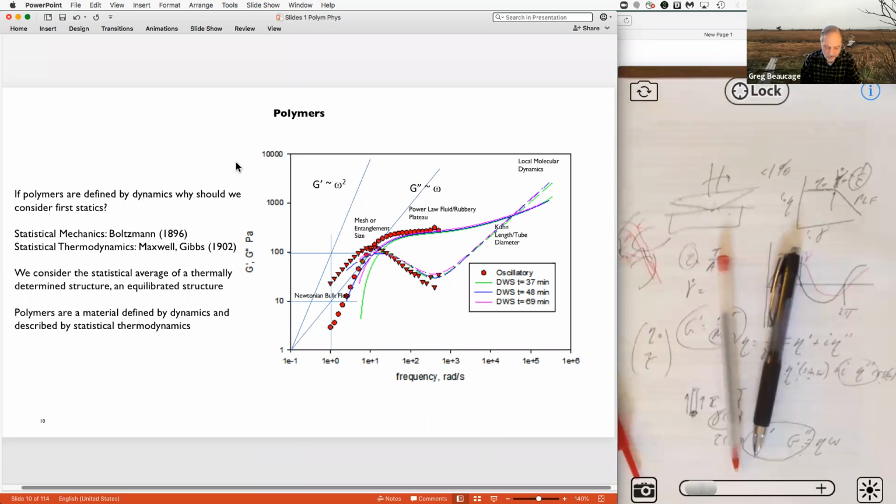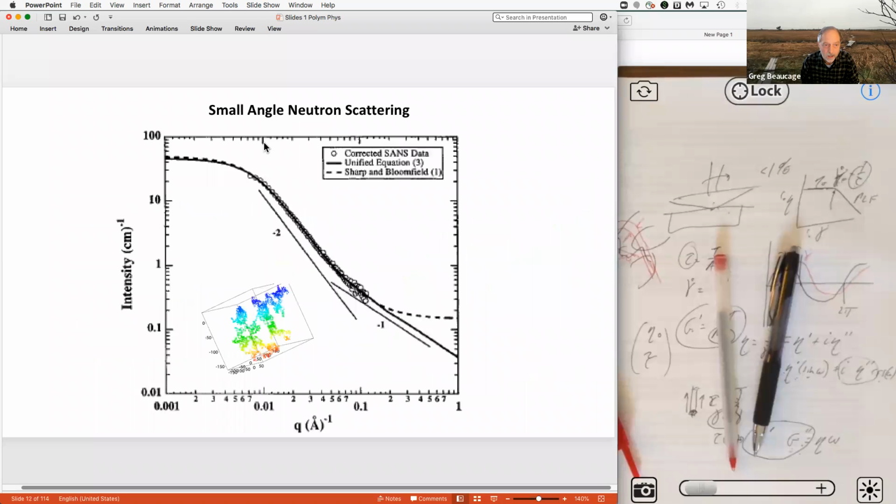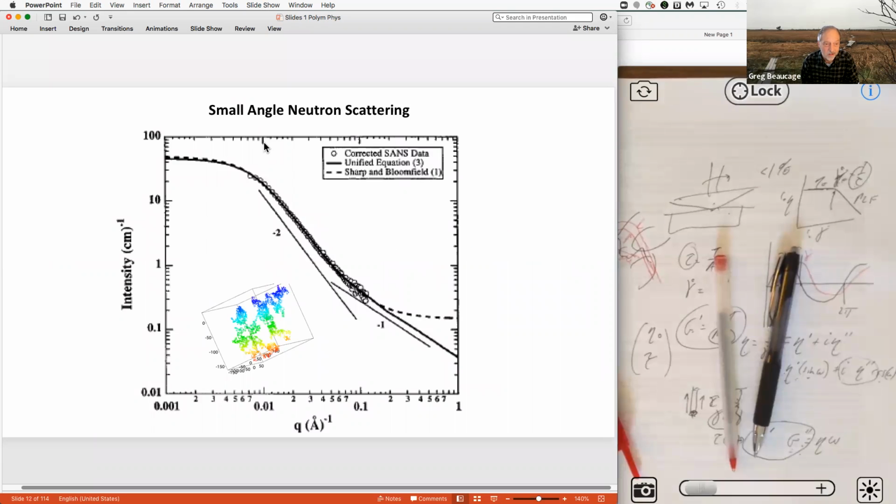Right? And it's this Maxwell equation that gives you this power 2 and power 1 for viscoelastic fluids. So we can talk about that later on. Anyway, that's another way to look at defining what a polymer is. Another way to define it is just a structural measurement.